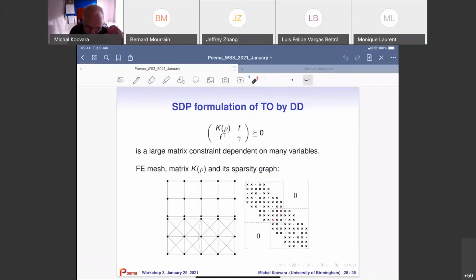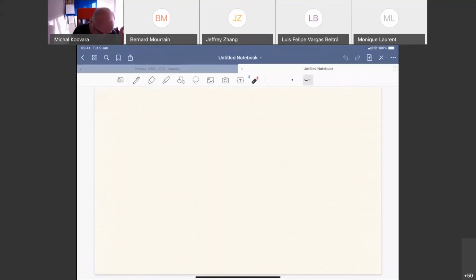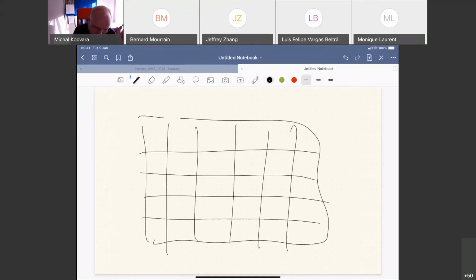But in particular, because we know at the beginning what the finite element discretization looks like, what the finite element mesh is, we can always partition it just as we like.